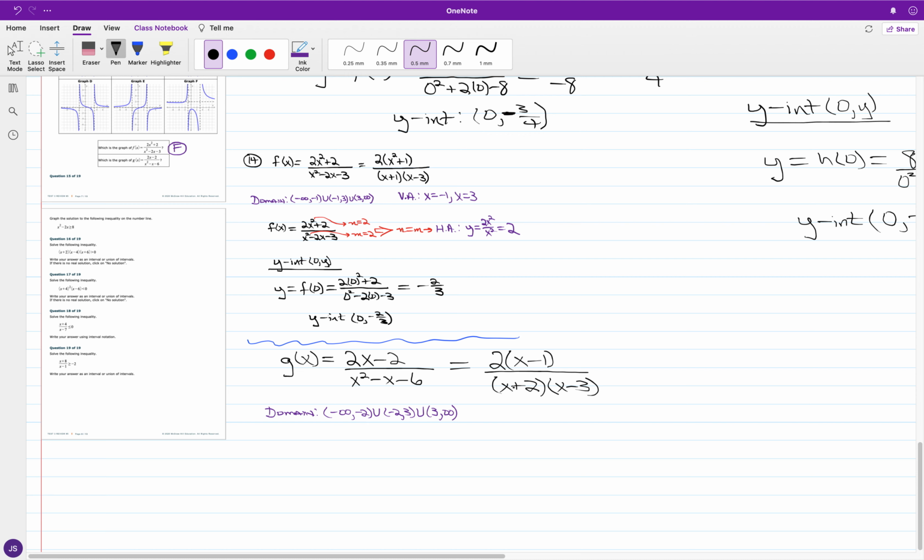And again, for the domain, negative 2 and 3 will be your restricted values. Since both x plus 2 and x minus 3 remain, we're going to have 2 vertical asymptotes: x equal to negative 2 and also x equal to 3. And just going ahead and looking at what we're going to have for the other asymptote.